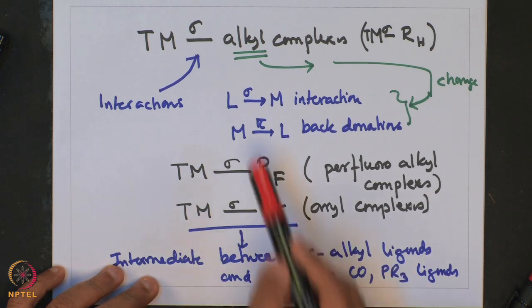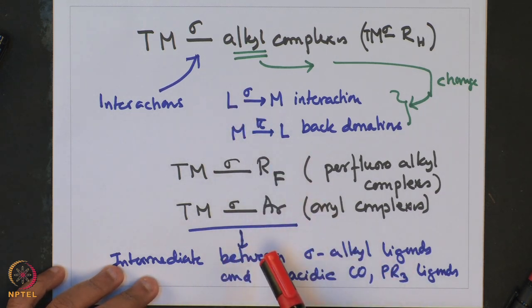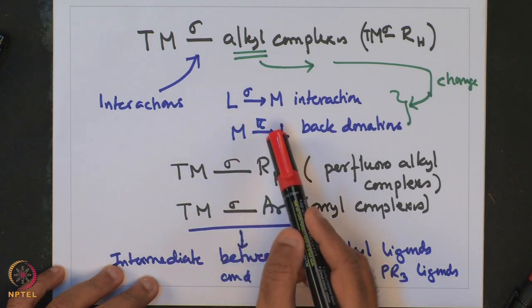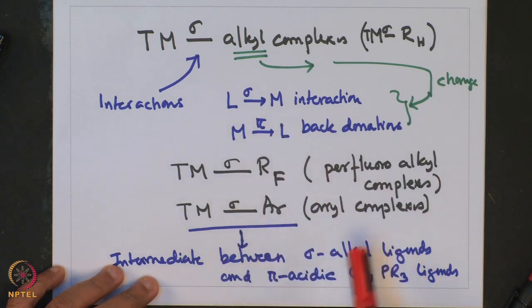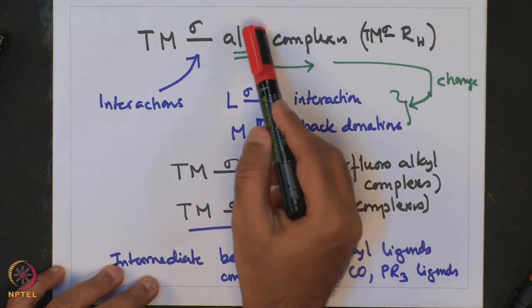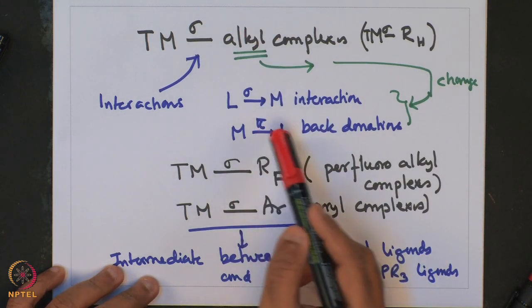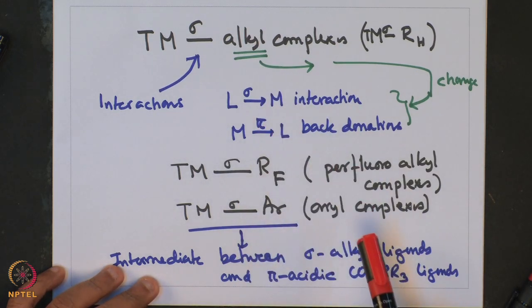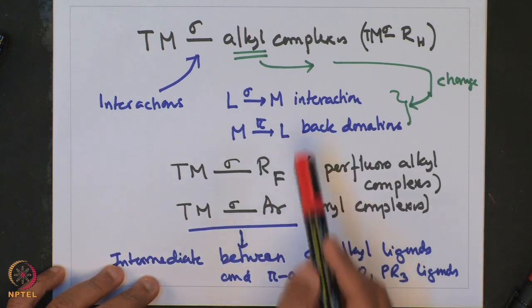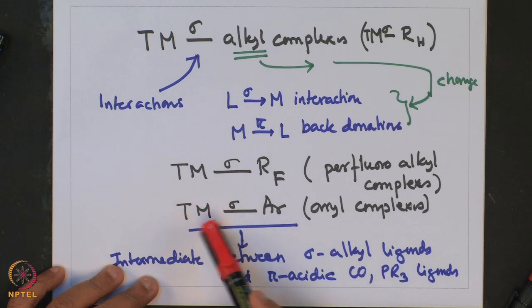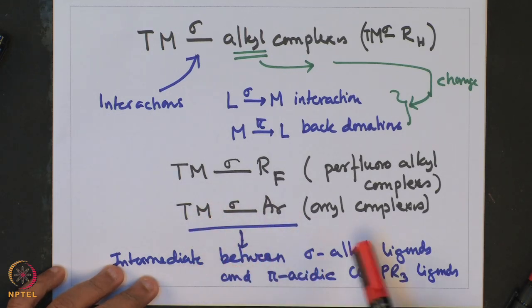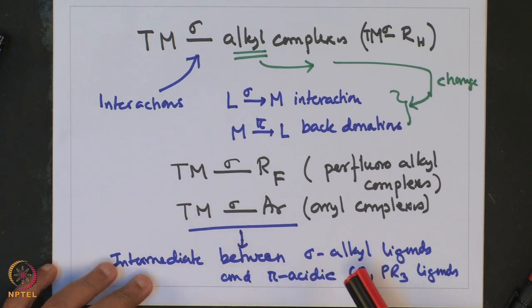As a result, the aryl ligand has back donation which is more than that of the sigma alkyl complexes, but much less than that of the pi acidic ligands. So, that is why these transition metal sigma aryl complexes lie in between sigma alkyl and pi acidic ligand complexes.